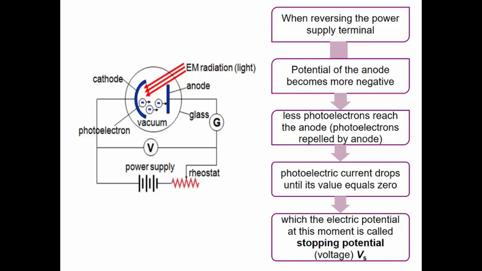As the potential of the anode becomes more negative, fewer photoelectrons reach the anode. Thus, the photoelectric current drops until its value equals 0, at which the electric potential is called the stopping potential or stopping voltage, Vs.